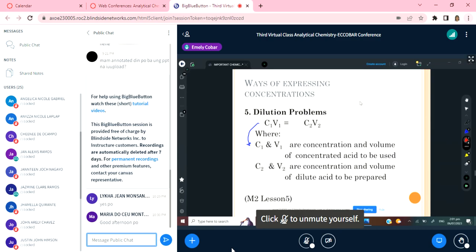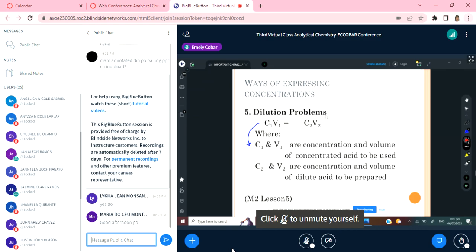Okay, so what you will do is you will simply get a specific amount of this concentrated solution, and then you add water. Okay, so pag nag-add ka ng water to a certain volume, bababa na yung concentration. Kaya, dilution problems. Okay? We usually use this, no?